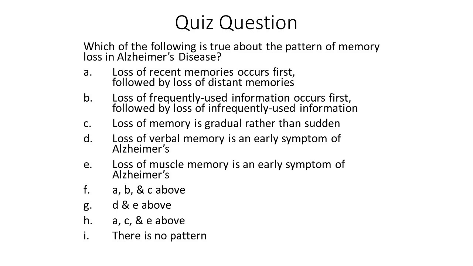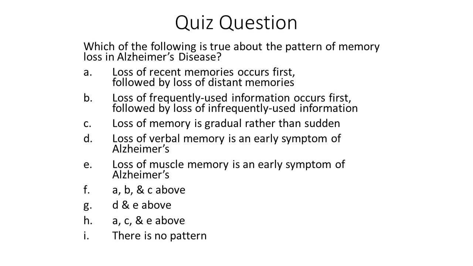B, loss of frequently used information occurs first, followed by loss of infrequently used information. C, loss of memory is gradual rather than sudden. D, loss of verbal memory is an early symptom of Alzheimer's. E, loss of muscle memory is an early symptom of Alzheimer's.